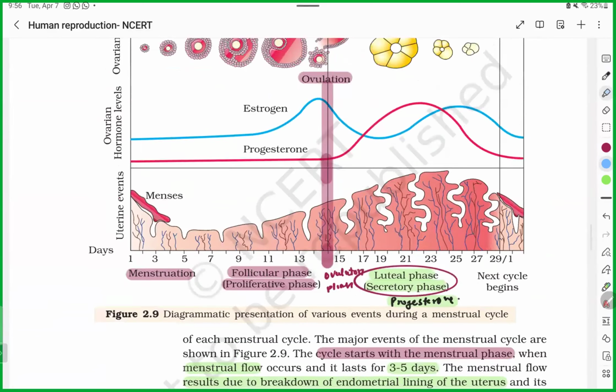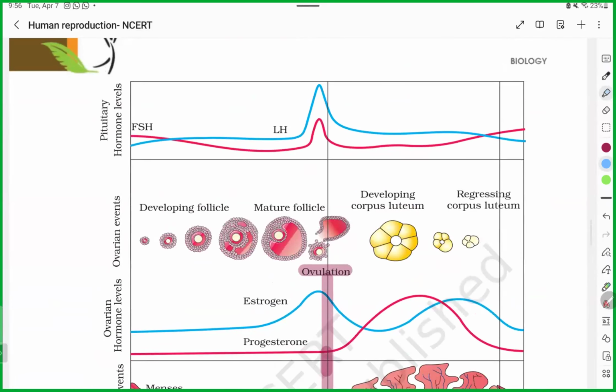Now look at the diagram. What are the pituitary hormones? LH and FSH. LH-FSH level will be high during the follicular phase. Okay. Ovarian event: developing follicle, mature follicle. What is responsible for maturation?